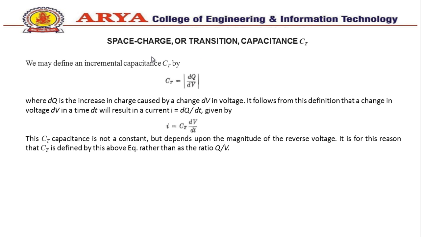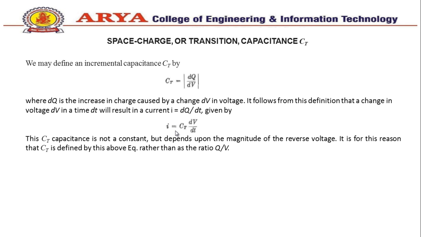It follows from this definition that the change in voltage dV in time dt will result in current I equal to dq upon dt, that can also be given by I equal to CT dV upon dt. Therefore, a knowledge of CT is important in considering a diode or a transistor as a circuit element.